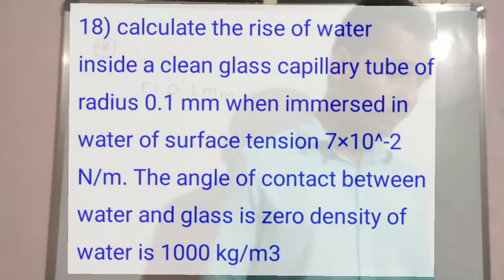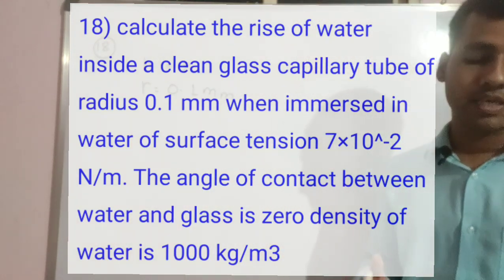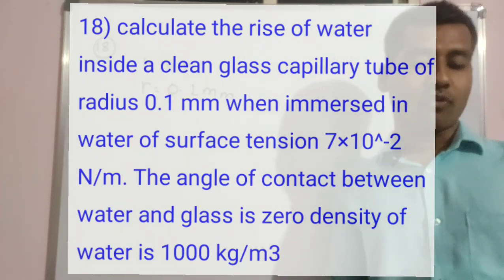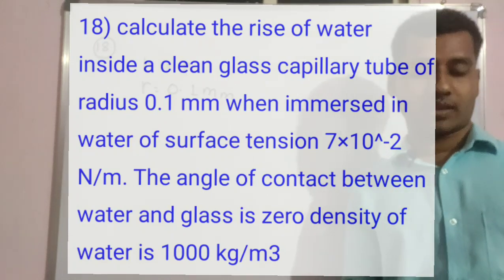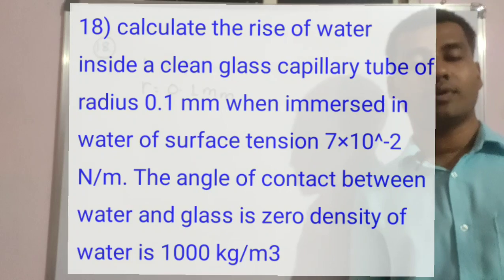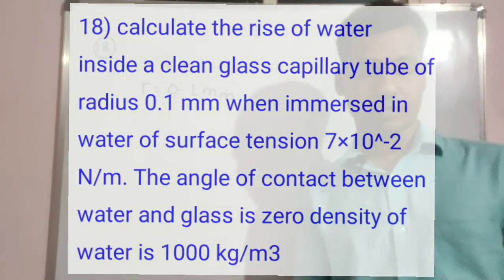When immersed in water of surface tension 7 into 10 to the power minus 2 Newton per meter, the angle of contact between water and glass is 0. Density of water is 1000 kilogram per meter cube. g is equal to 9.8 meter per second square.